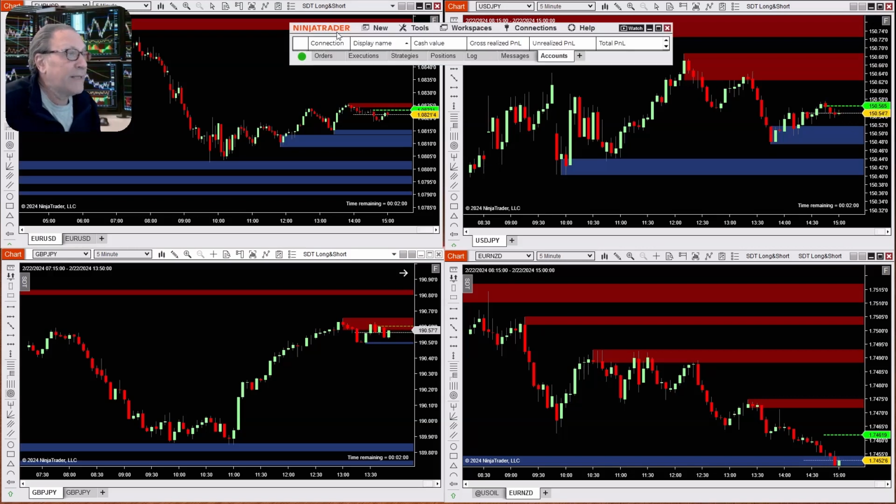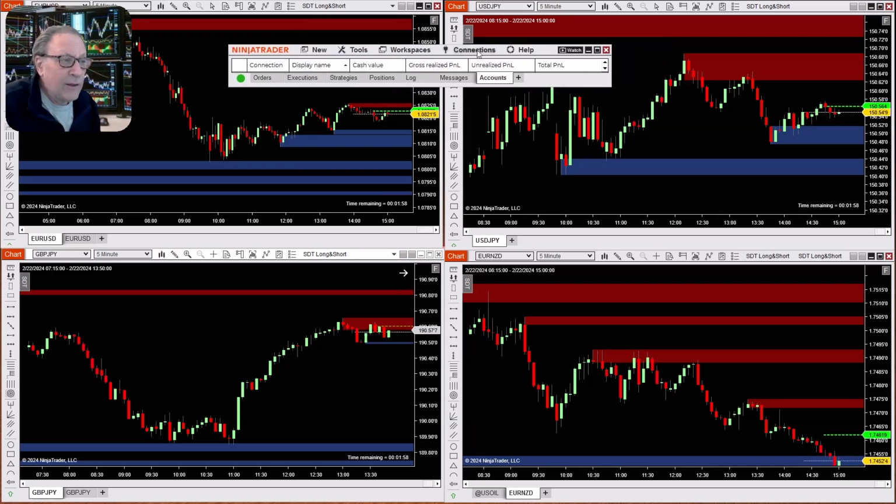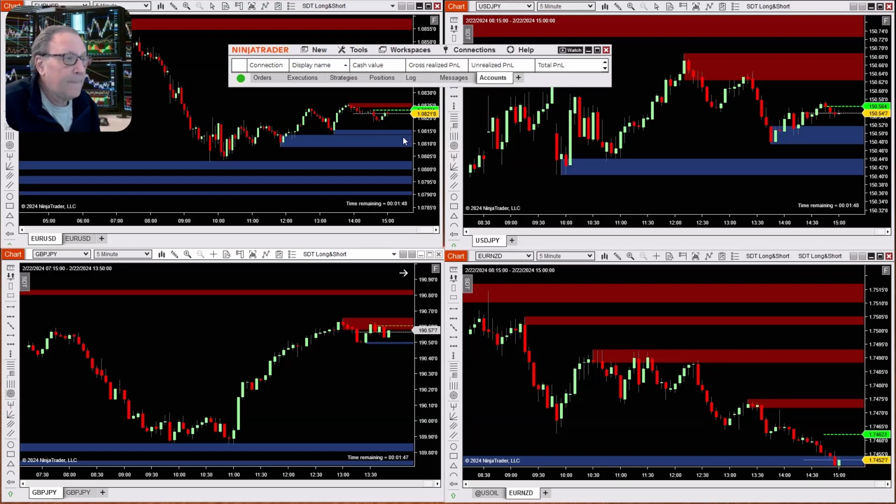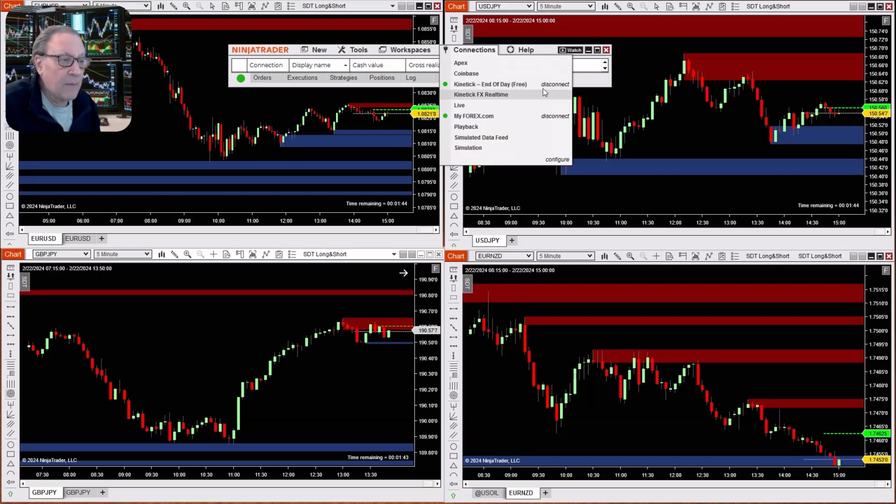If I pull down my control panel and I look under connections, if you choose the Kinetic end of day, you don't need an account, you don't need to do anything, just click on it, and it will connect directly to kinetic.com. See, I'm connected there.